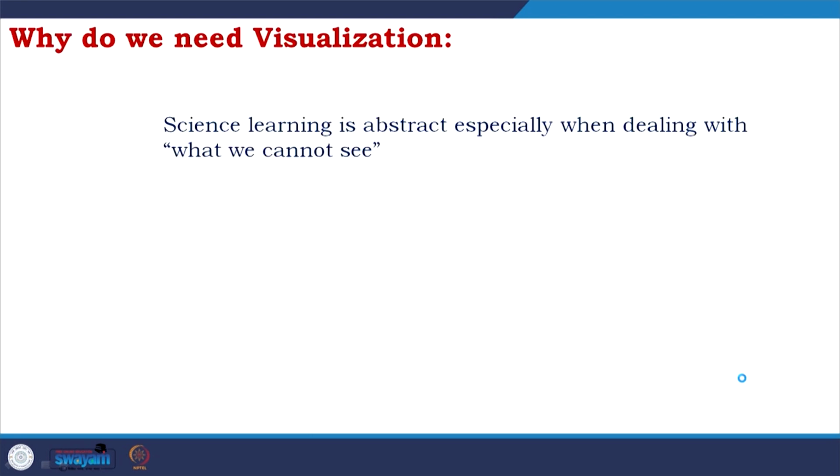As I talked about, why do we need visualization? Since learning is abstract, especially when dealing with what we cannot see. We have talked about the power of an eye. So what does not come under the power of an eye? We need some instrumentation, starting from a simple lens, going to the compound microscope, the electron microscope with more powerful resolution, and other spectroscopic signals which give us information.